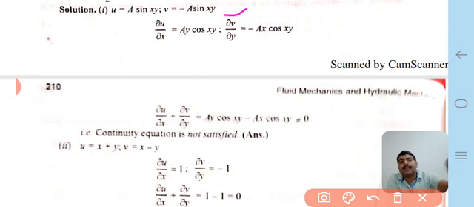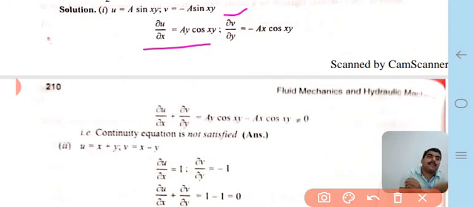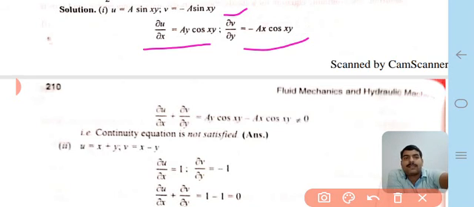Therefore, del u upon del x is equal to a y cos xy. The differentiation of sin theta is cos theta, and cos theta already has a minus sign here. That is, del v upon del y is equal to minus a x cos xy.